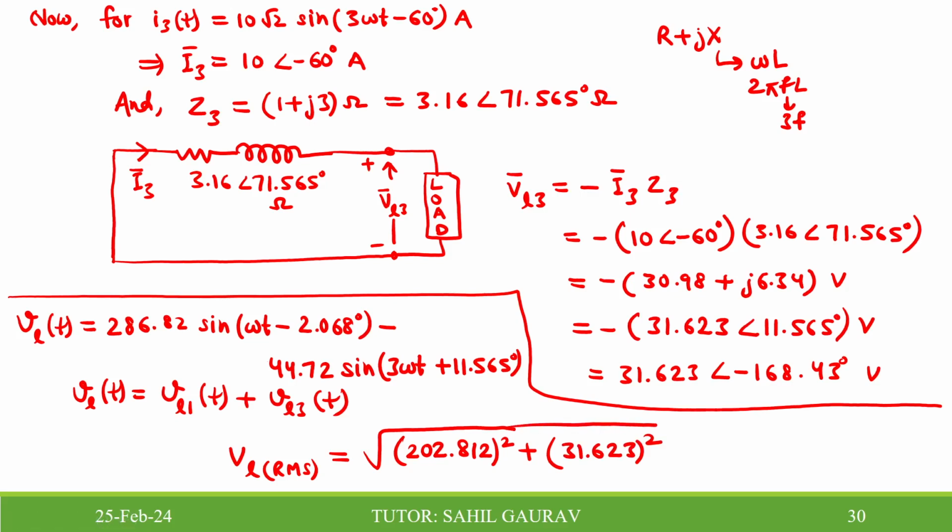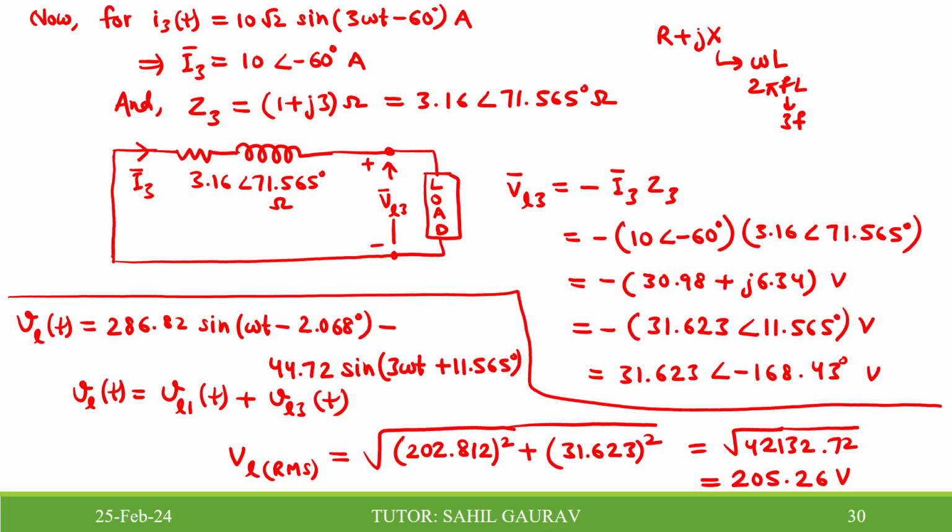What value are we getting? 202.812 squared plus 31.623 squared, so you will get 42132.72, and taking the square root of it, it will give you 205.26 volt. So this is the RMS voltage across the load we got.